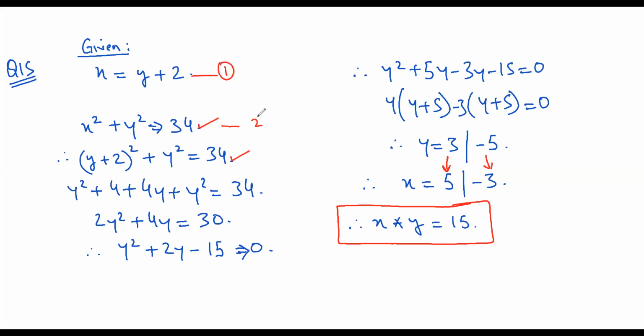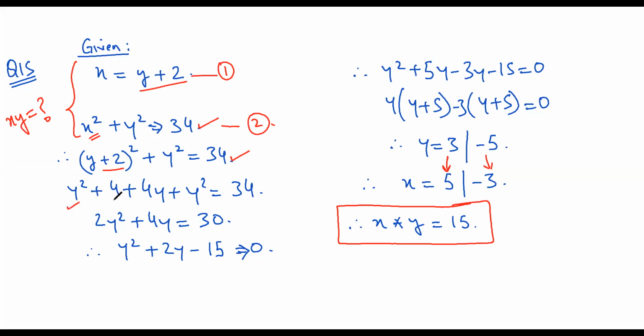This information has been given to me, and I need to find xy, the product of xy. So I put the value of x as y plus 2, and then I solve this.